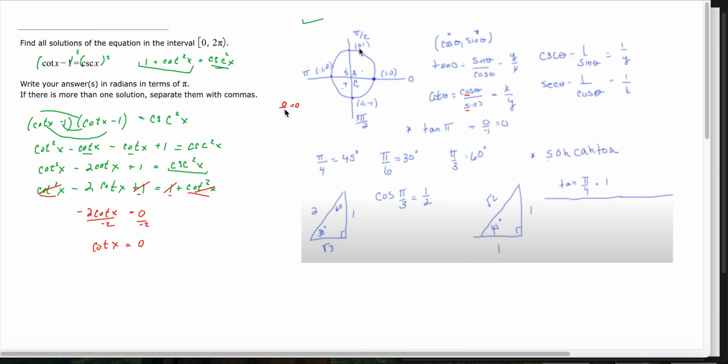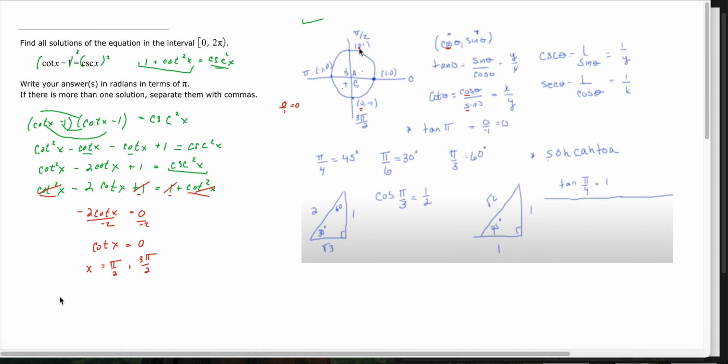So if that's cosine over sine, I'm basically looking for where cosine is equal to 0. So remember, cosine is the x coordinate, so I would be looking here and here. So at pi over 2 and at 3 pi over 2. So x is equal to pi over 2 and also 3 pi over 2.